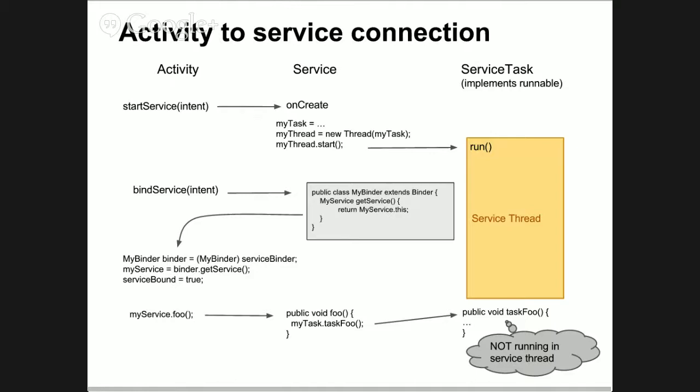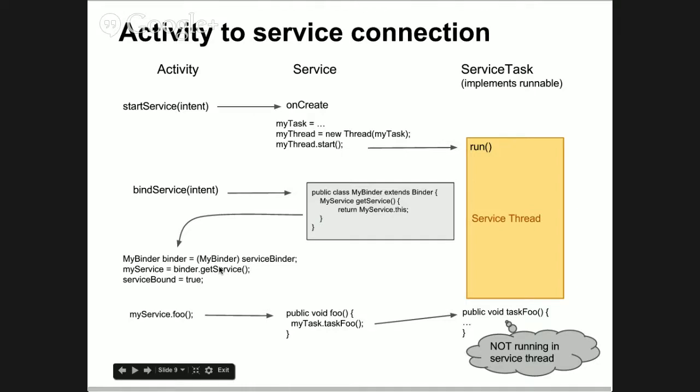This is sort of boring code, because the service does not even want to reply with itself. It returns this generic binder object that would act as an intermediate interface sitting between the activity and the service. And I find this overcomplicated for the goal at hand. So I just use this getService to return a reference to the service itself.